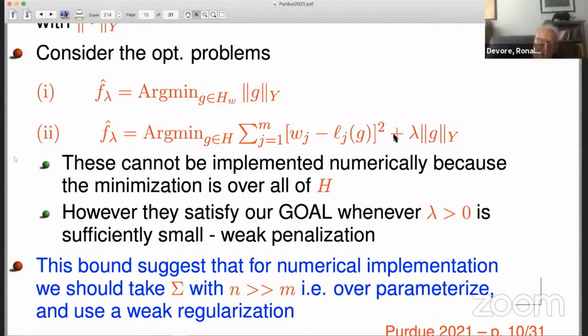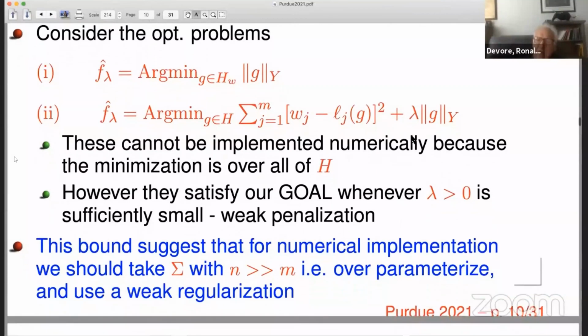Sometimes one prefers to put this in the lasso framework where you add the penalty term here with a parameter lambda in front, and then you can show that if you drive lambda to 0, make lambda small enough, again, you do get an optimal solution or near optimal solution to our original problem.